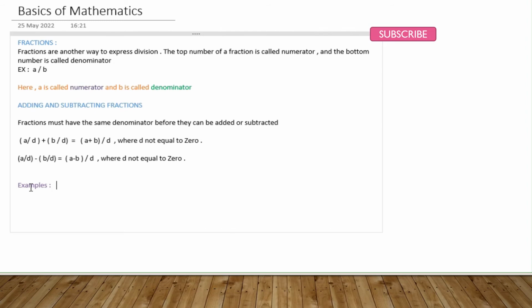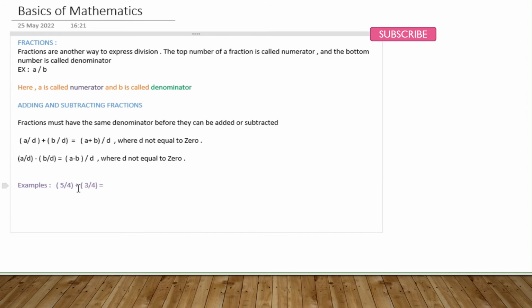If you take 5 by 4 plus 3 by 4, here also the denominator is the same.